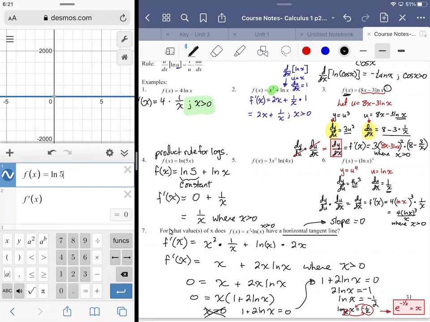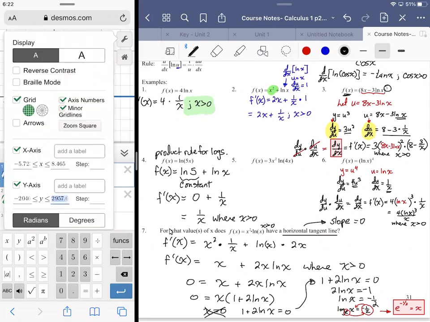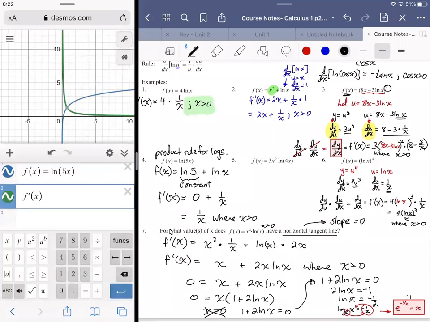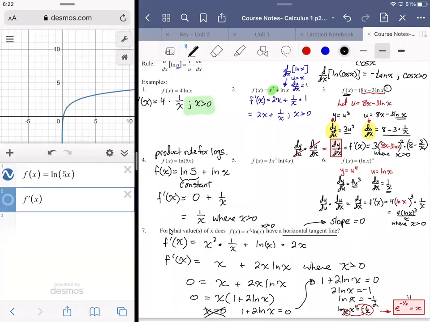All right. But if you want to go back to the original function, we had ln of 5x. So looking at that original function, I'll bring the zoom back to something a little bit more ordinary. Turn off the second graph.